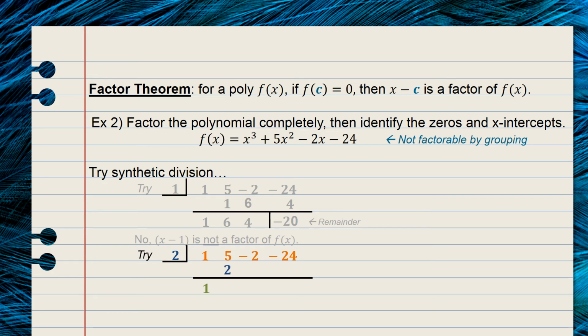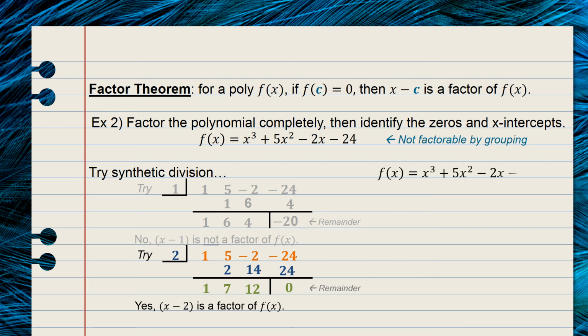We multiply, add, multiply, add, multiply, and add. Now what do you notice? Well, our remainder in this case is 0. So since our remainder is 0, that means, yes, x minus 2 is a factor of the function.